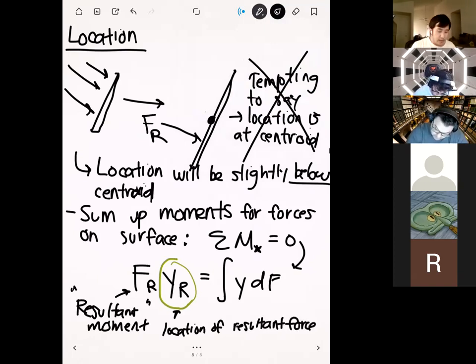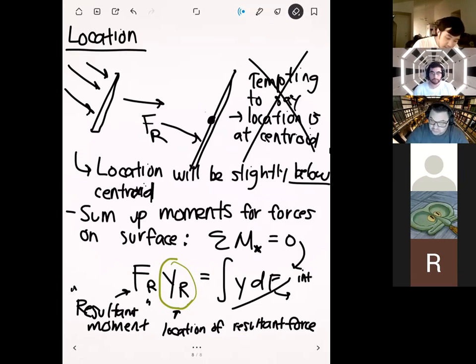I circled it in green because that's what we're eventually going to be solving for. The right-hand side of the equation is the integrated moment. It's the same thought process as in the previous derivation, where we take a bunch of tiny areas and sum up their contributions. Before, we summed up their contributions to the force, but now we're summing up their contributions to the overall moment.